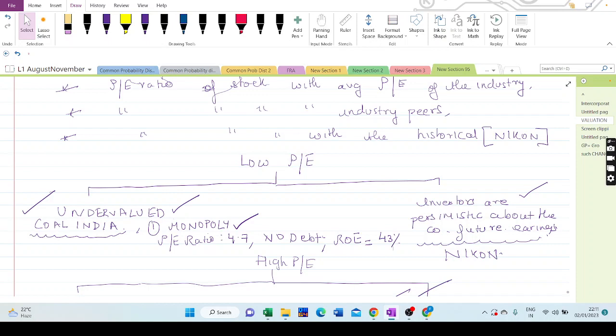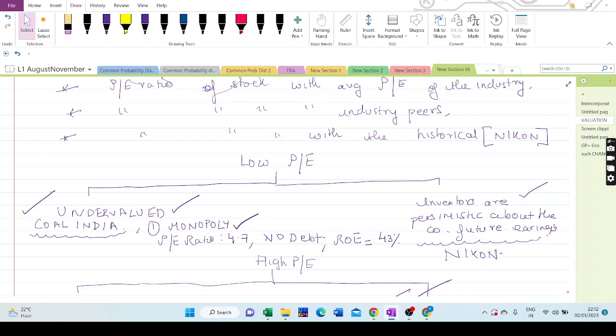Yes, for every dollar of common equity financing, Coal India is generating 43 cents in earnings, right?